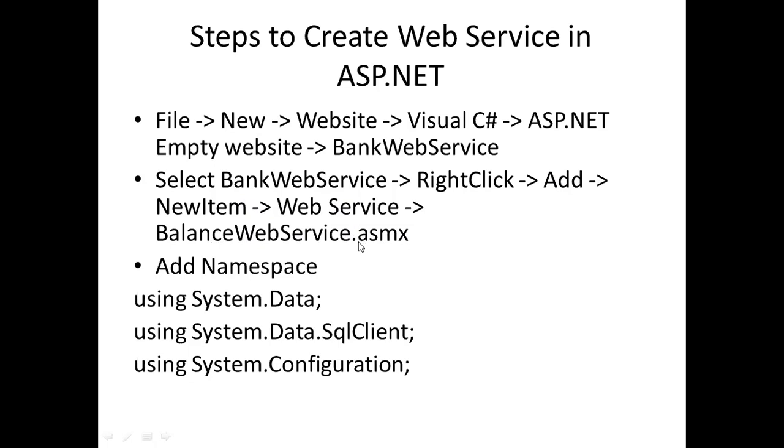Whenever we are creating a SOAP based service, the extension of the SOAP based service is .asmx. If the file name is .asmx, it means that the web service is a SOAP based web service. Whenever we are creating a web API, the extension may be different. So here the extension is .asmx. Let us execute these 2 steps.